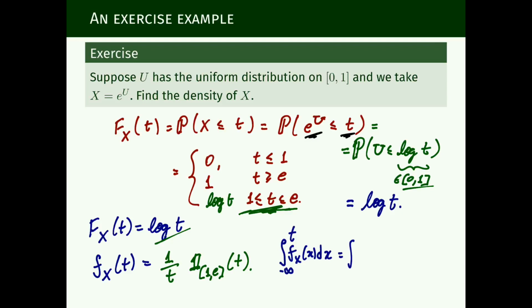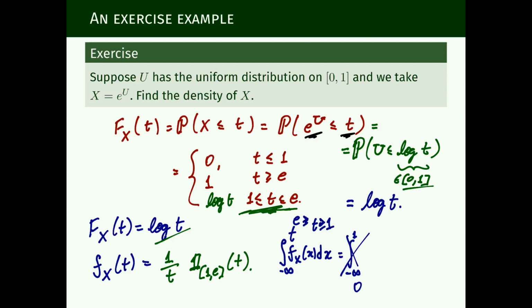We can separate this into first the integral from minus infinity to 1, and that part will be 0. We can take t larger than 1, otherwise the integral is 0 also. And we can also take t less than e, otherwise this integral will be 1.